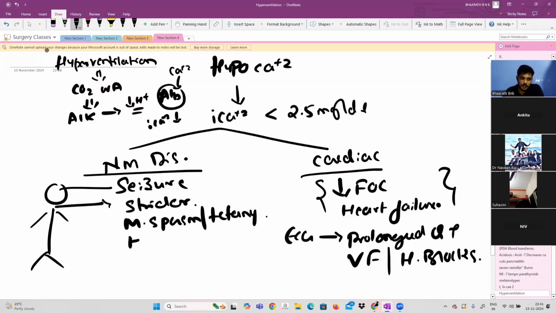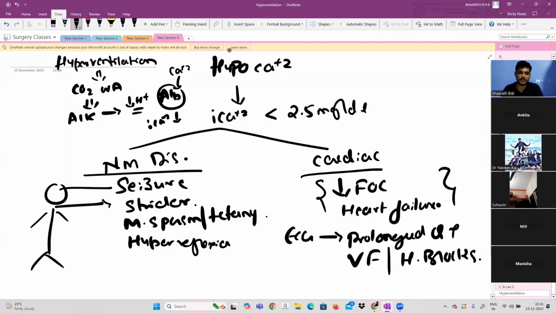Also, there can be hyperreflexia. So two signs of hyperreflexia, all of you know, would be Chvostek's sign and Trousseau's sign. Trousseau's sign is when you elevate the patient's BP to more than 200 and hold it for 5 minutes.